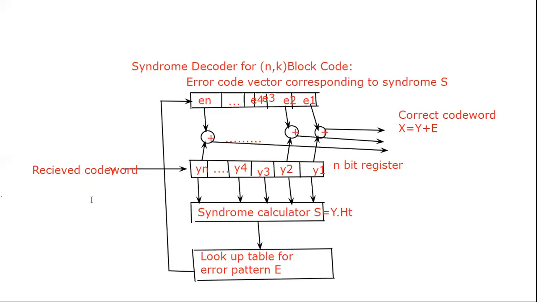The n minus k bit syndrome vector is applied to the lookup table containing the error patterns. That means the table contains the error patterns. An error pattern is selected corresponding to the particular syndrome S generated at the output of the syndrome calculator. The selected error pattern E is then added to the received signal Y to generate the correct code vector X. Therefore, X is equal to Y XOR E.